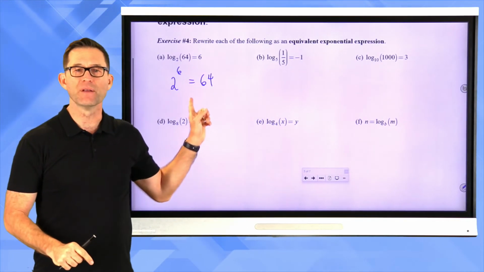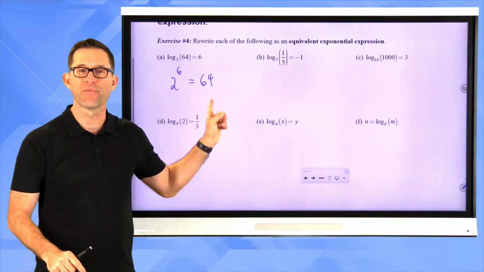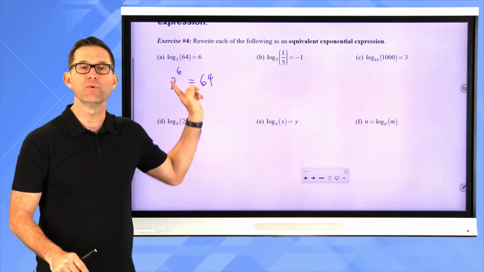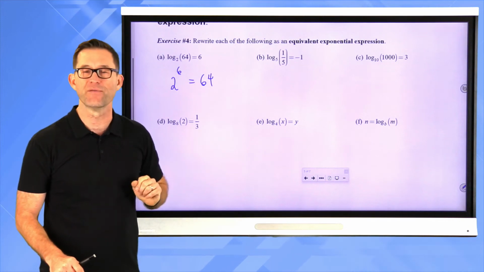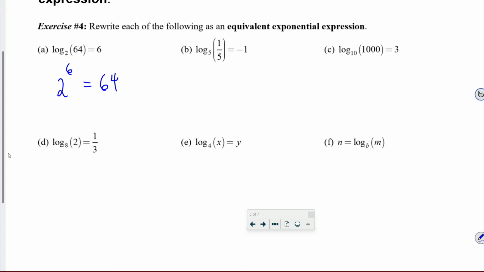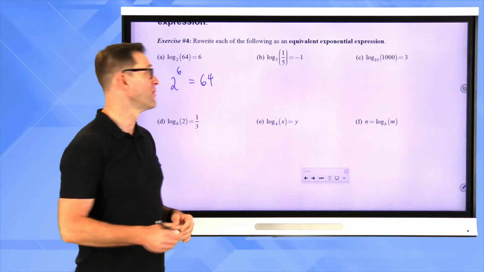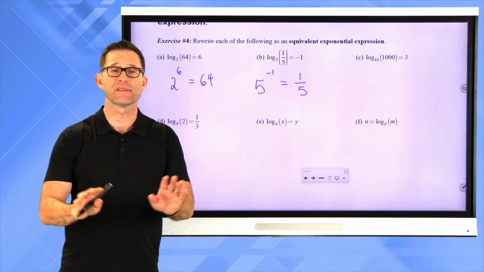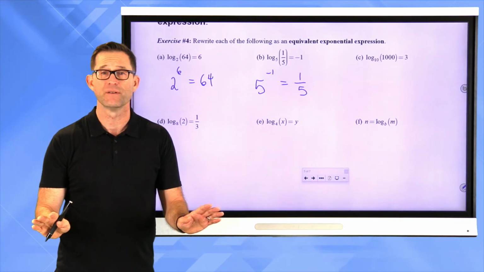These two statements are saying exactly the same thing. The log base 2 of 64 is 6 is the same as saying 2 to the 6th is equal to 64. Let's take a look at letter B. The log base 5 of 1/5 is equal to -1, right? That is equivalent to saying 5 to the -1 is equal to 1/5. Those two things are saying exactly the same piece of information.